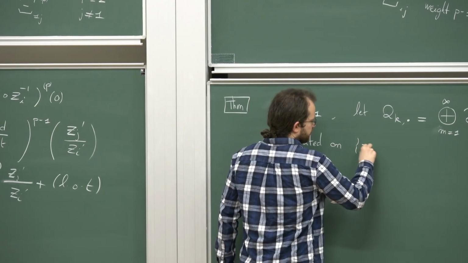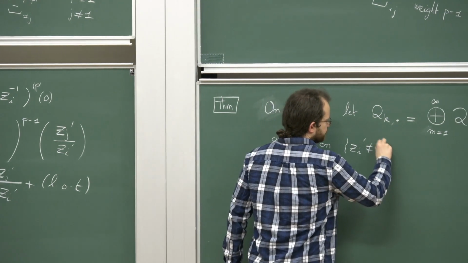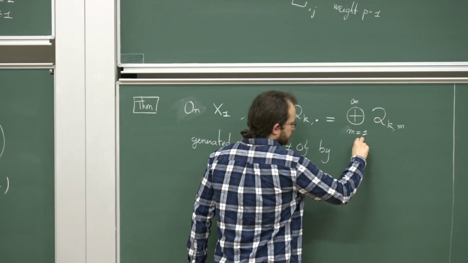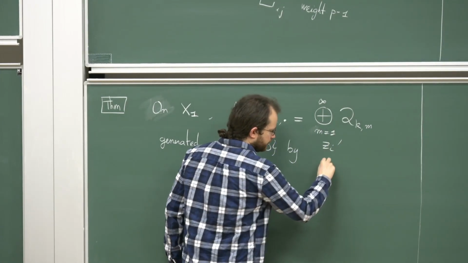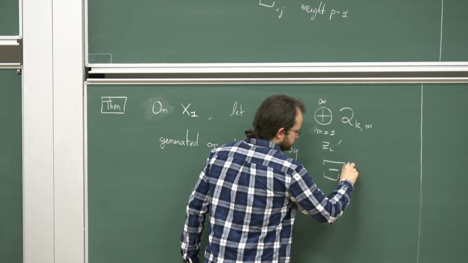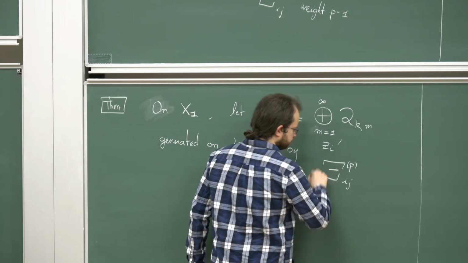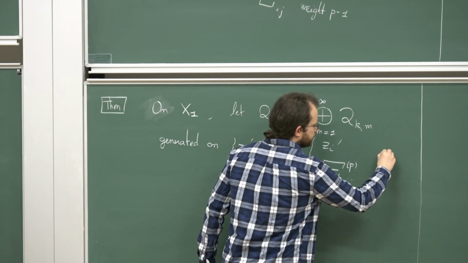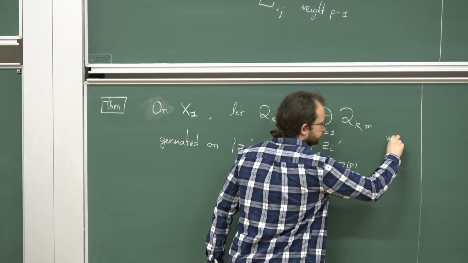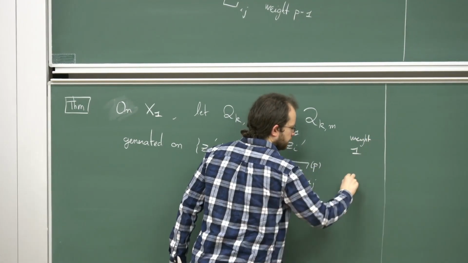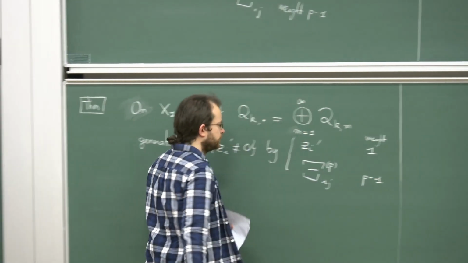On the chart zi prime different from 0, it is generated by say zi prime and this psi, and again with weight 1 and d minus 1.